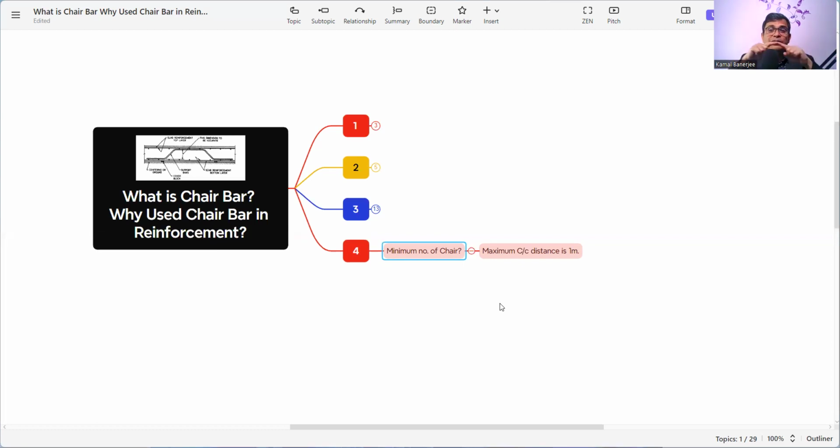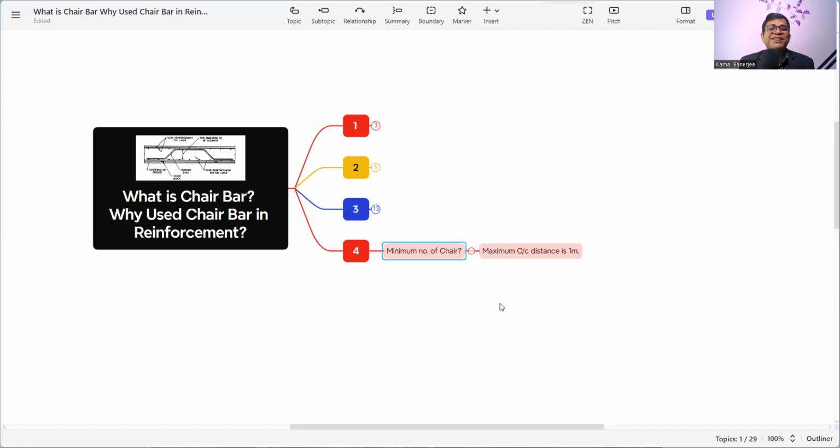That means in 1 square meter area there must be one chair. The maximum center distance in both x and y direction should not exceed 1 meter. It is provided as per IS 456. So whenever we are dealing with the chair, keep in mind that it should be maximum 1 meter center to center. If it is less, it's okay, but it should not exceed the 1 meter length.